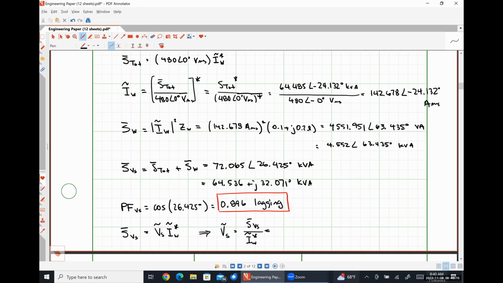I get 505.092 angle 2.293 degrees volts RMS.